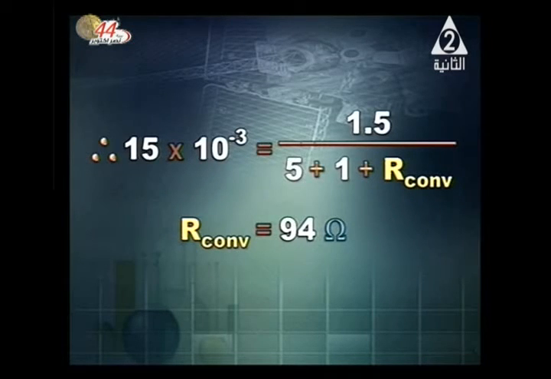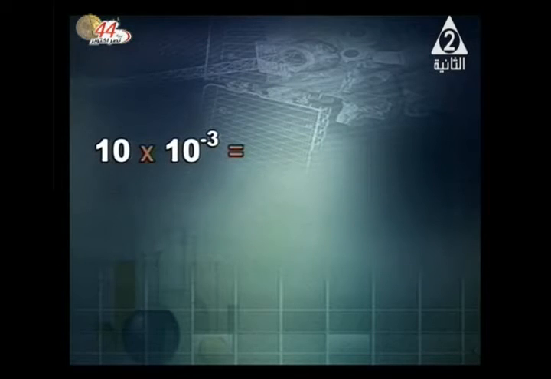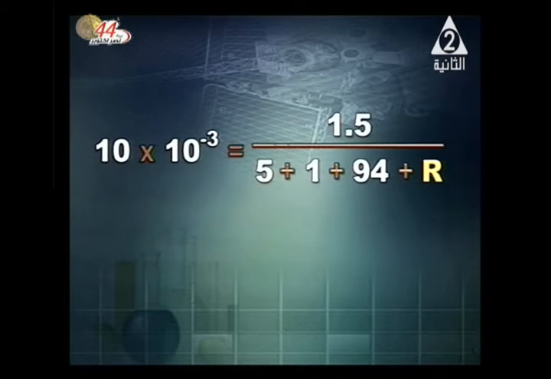Now, we'll measure an external resistance, and the current drops to 10 times 10 to the power of negative 3. Once again, we'll apply Ohm's law of closed circuit. It is equal to 1.5 over resistance of the galvanometer 5 plus R internal 1 plus R conversion plus the external resistance measured. In this way, we managed to obtain it. It is 50 ohms.